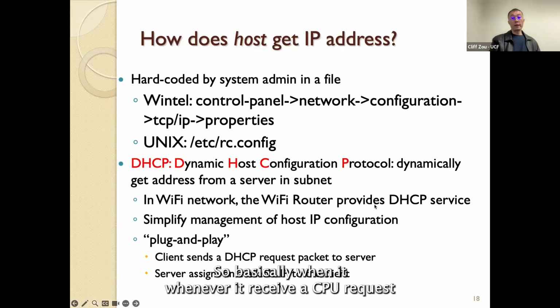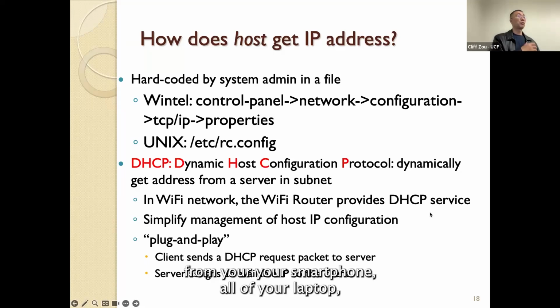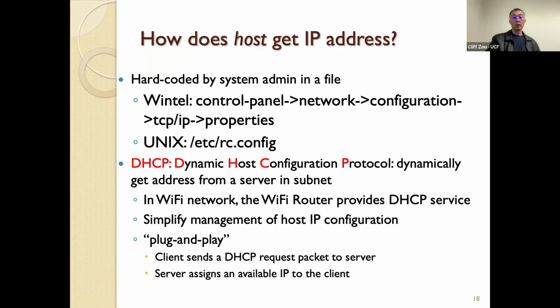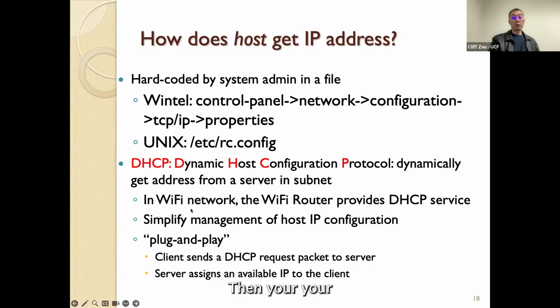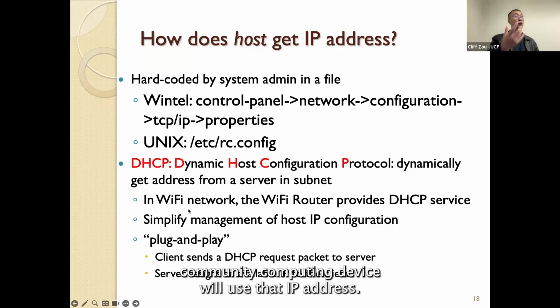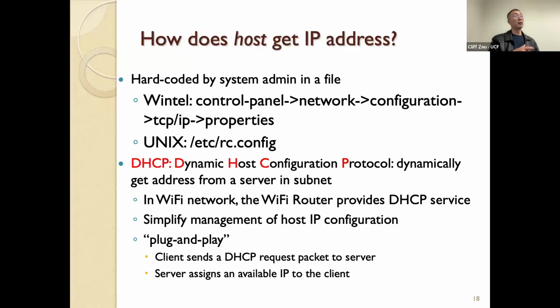Whenever it receives a DHCP request from your smartphone or your laptop, it will find an unused IP address in its own subnet, then assign that IP address to your smartphone or your laptop. Then your computing device will use that IP address from that point on for internet communication.